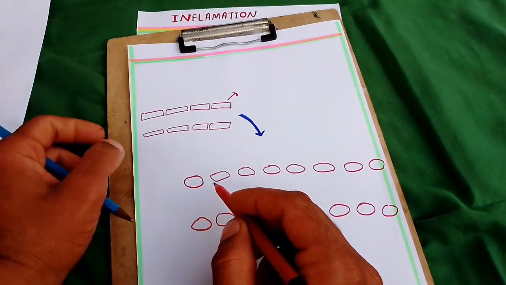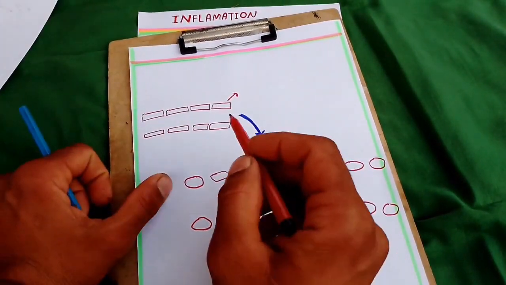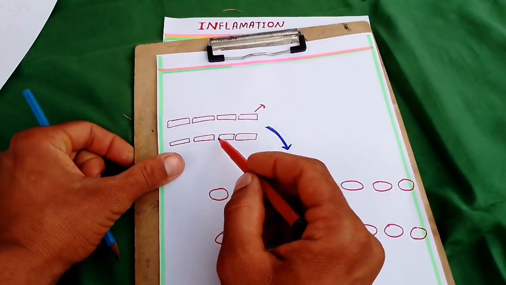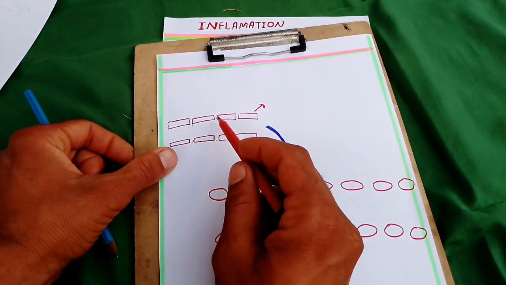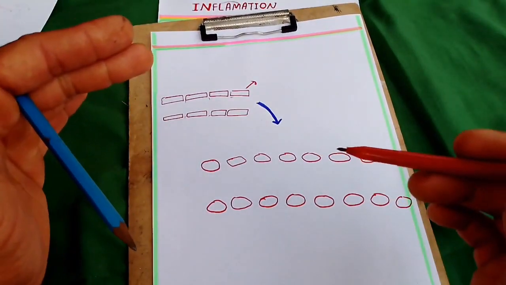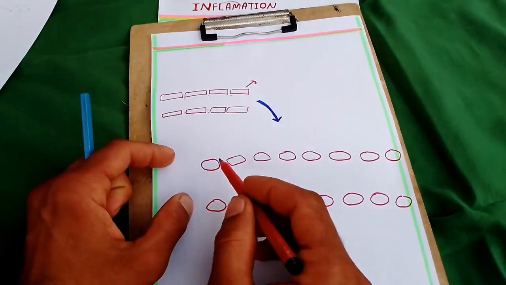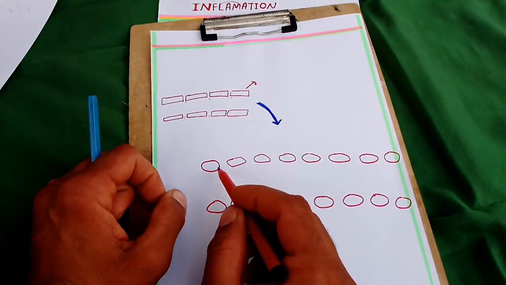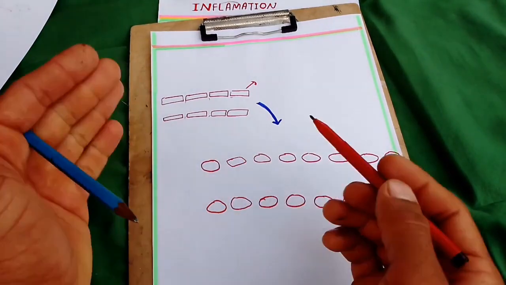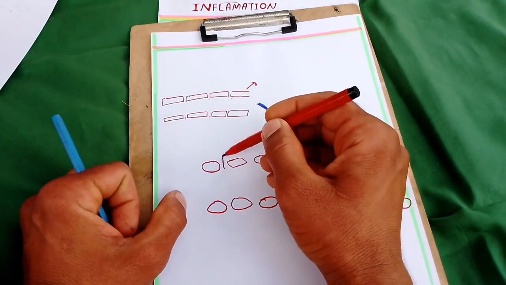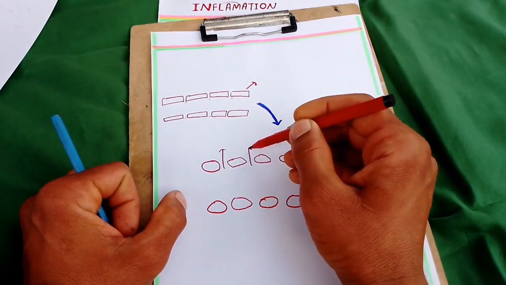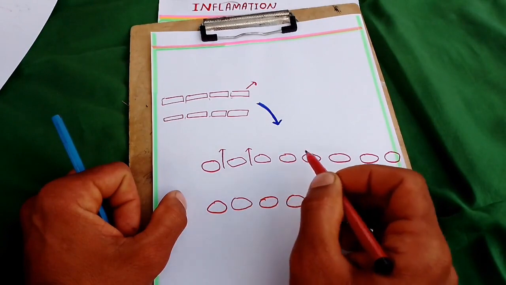As you know, the blood vessel is made from endothelial cells. This is the normal endothelial cell, which has small pores. But when histamine comes, it contracts the endothelial cells of the blood vessel and makes them round in shape, which makes the blood vessel more porous. So these become more porous.